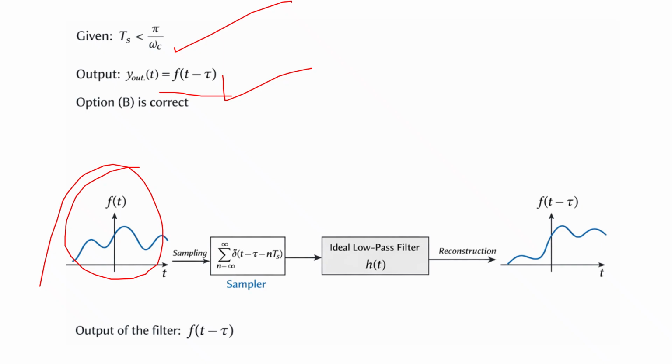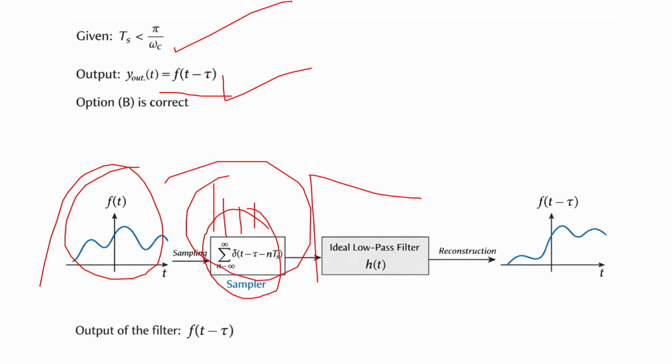Suppose this is your f of t and you are sampling it by the sample train, so this will be discretized on the x-axis. Then further we are passing it through a rectangular type of window function, having low frequency, and then finally it will be the output. So here it is your y of t. So we have to find this much frequency of y of t.